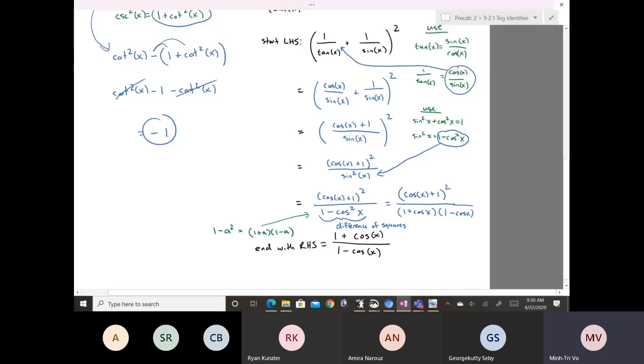And then finally, right, so again, cosine plus 1 is the same thing as 1 plus cosine, because adding is commutative. Right, so I have one copy of this, and it cancels out one copy of this. And then now this thing is the same as the numerator here, and then the denominator here is the same as the denominator here. And so now I'm done.